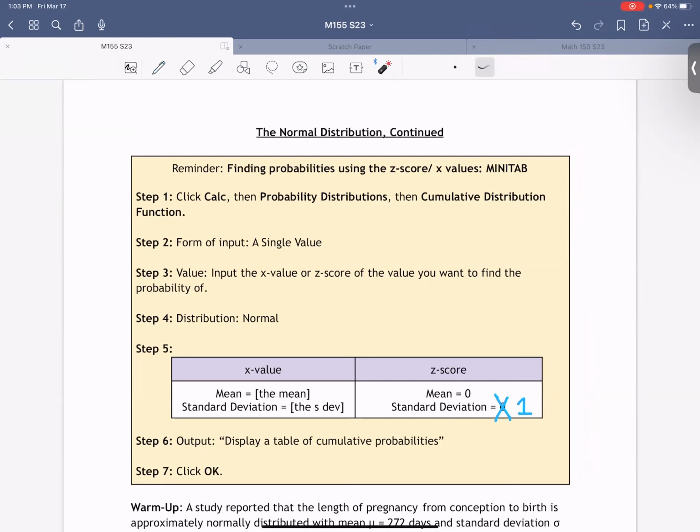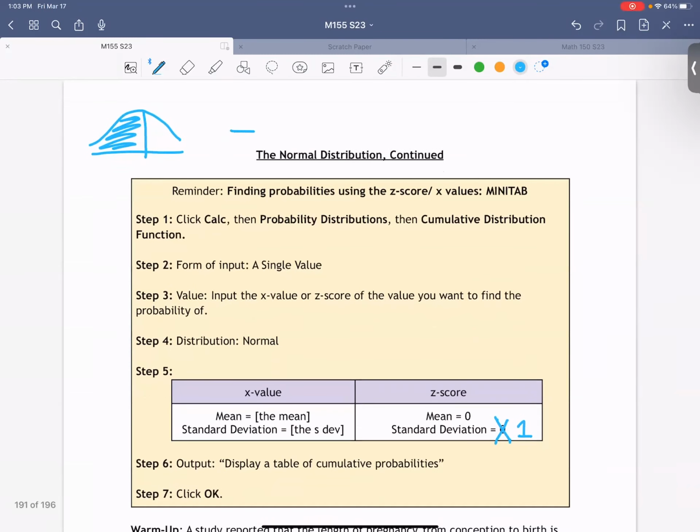So whenever you're asked to find a probability, you basically have to follow the directions, and it's really easy if you're trying to find a less than probability, right? If it's a less than probability, the Minitab output is, well, the answer. So you don't have to do anything. Then we had, okay, what if we want to find a between probability? That's really easy.